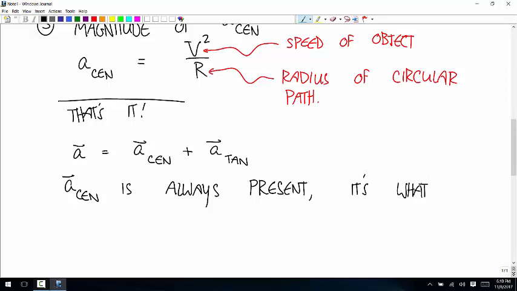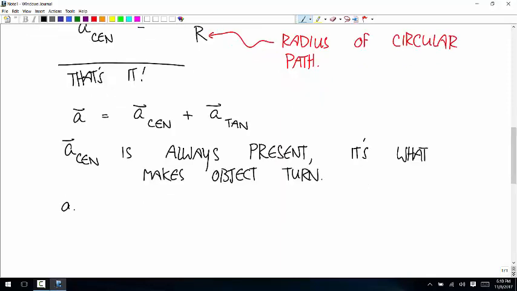And circular motion always has to have this specific type of turning. A tangential is only present if the speed's changing.